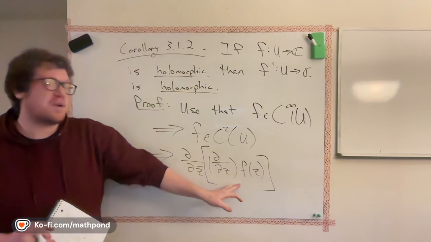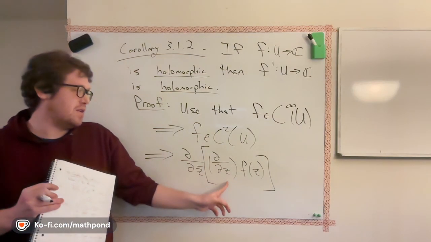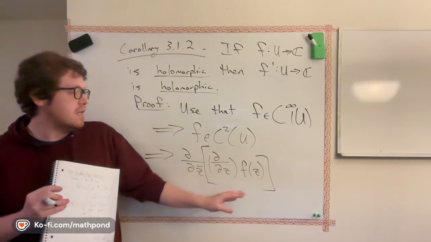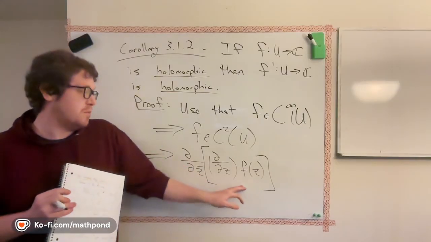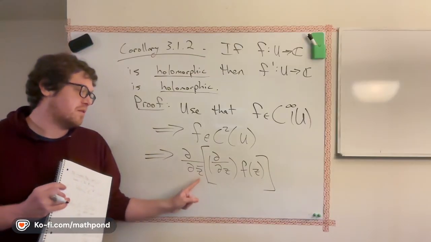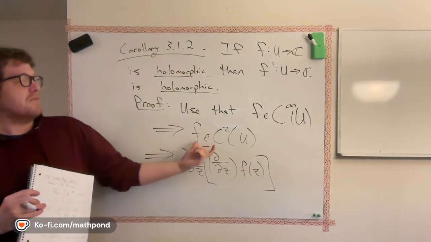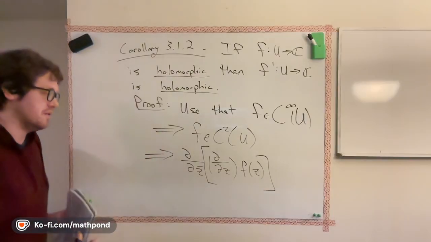So this is the derivative of f here. They show earlier in the book that you can think of the derivative of f as just the partial derivative with respect to z. And we want to show that this function is holomorphic, so we want to show that its derivative with respect to z bar is 0. But because the function is C2, these two partial derivatives commute with each other.